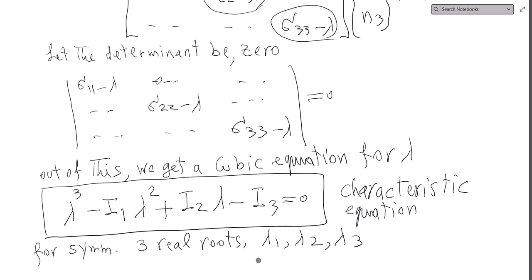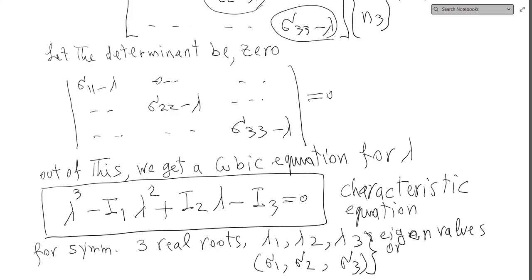We can call them also sigma 1, sigma 2, sigma 3, and these are the so-called eigenvalues of your matrix, or the ones that we are interested in, principal stresses.